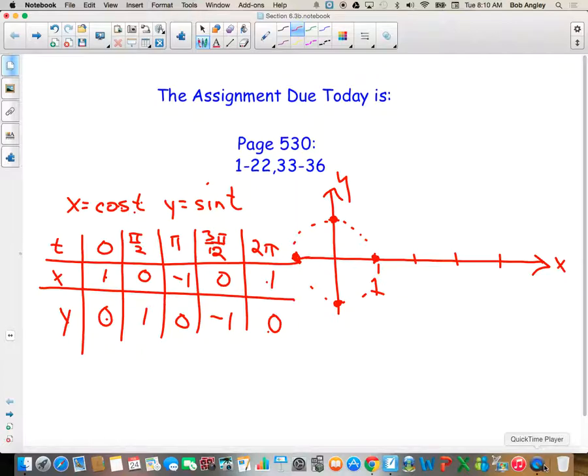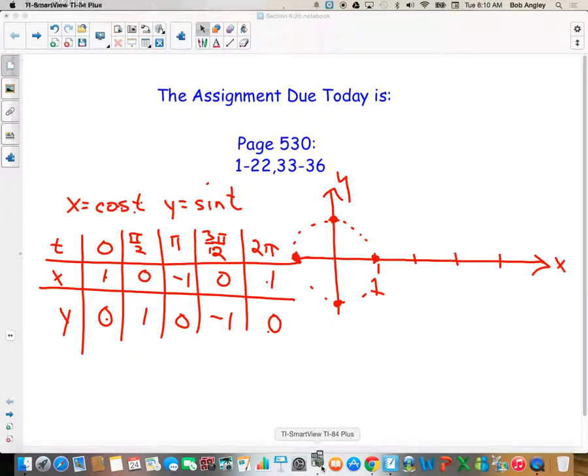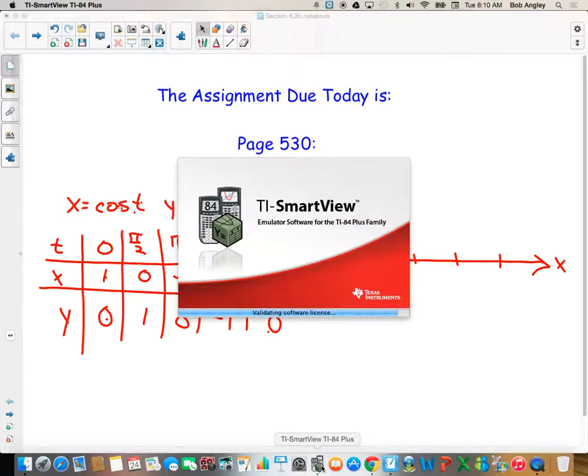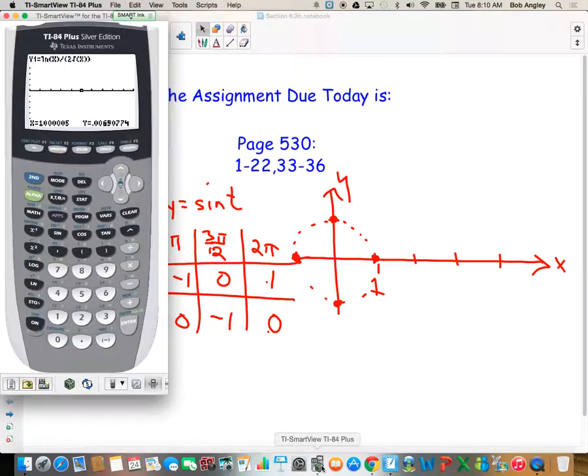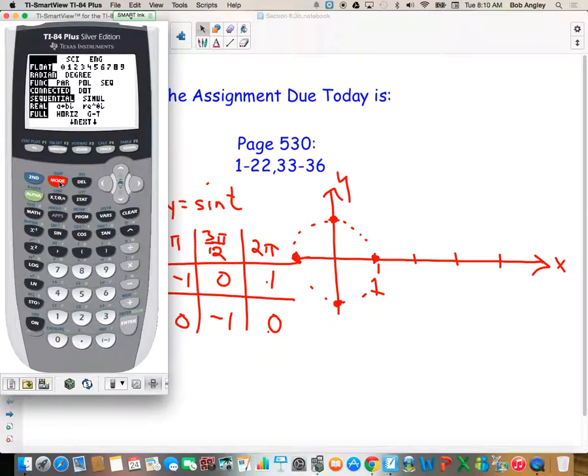Okay, let me show you one other thing about this, just for everybody's benefit. In class, we talked about doing these with the calculator. Again, for people that were absent, anytime you've got sines or cosines and you're going to graph, you want to be in radian mode as opposed to degree mode.